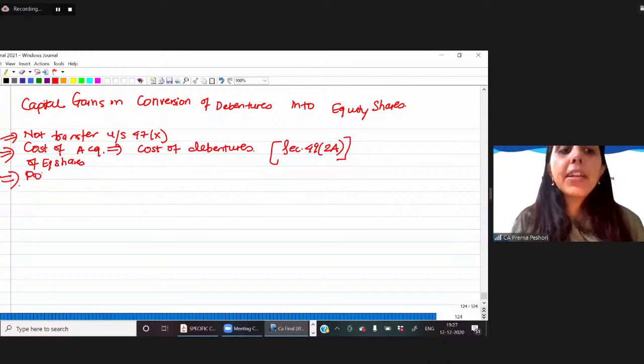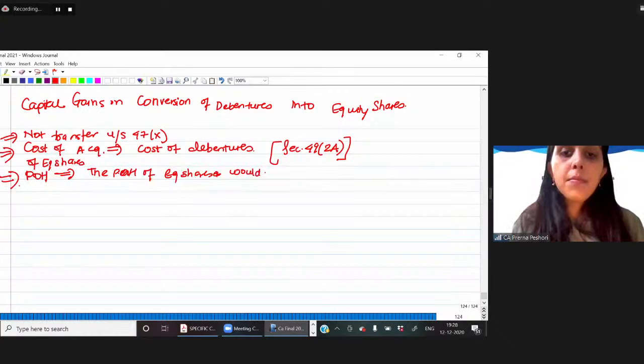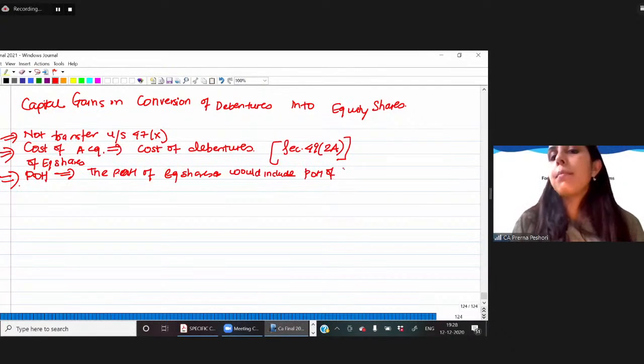What would be the period of holding when the equity shares are sold? The period of holding of shares would include the period of holding of debentures also.